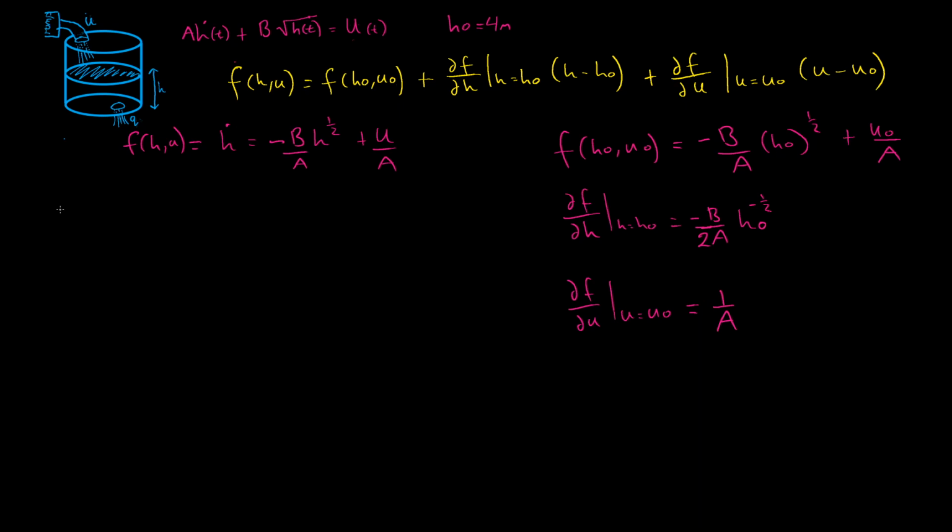And so we'll get f of h and u is equal to minus b on a HO to the half plus UO on a, plus, although this one has a minus out the front, so minus b on 2a, this is the square root of HO, times h minus HO, and then plus just this last term here, plus 1 on a, u minus UO.